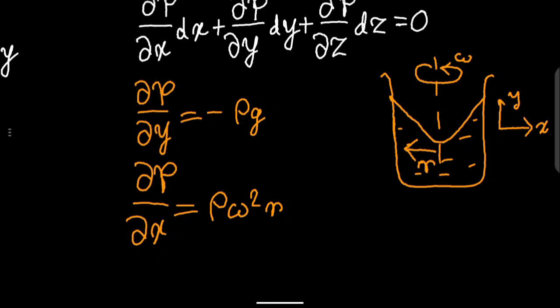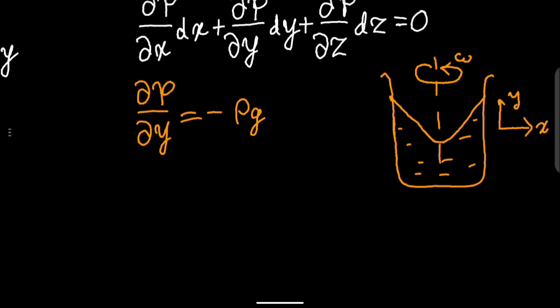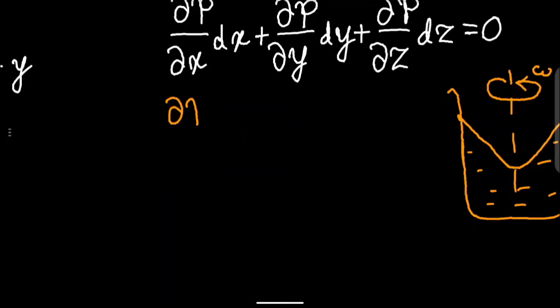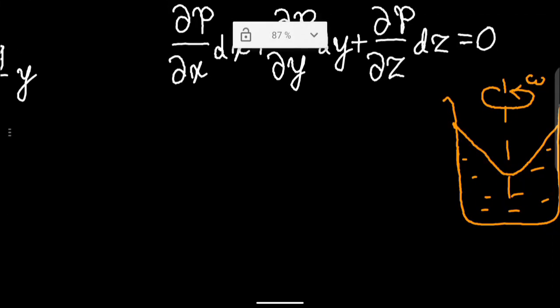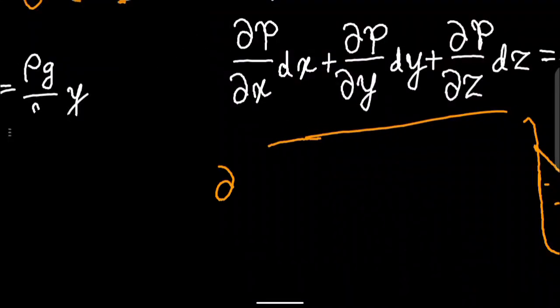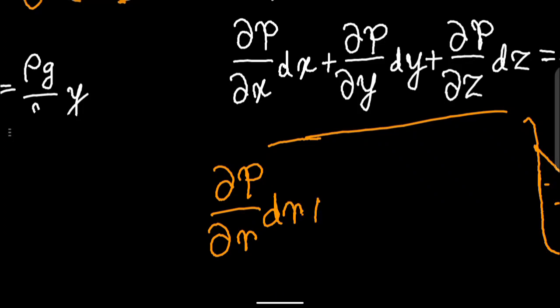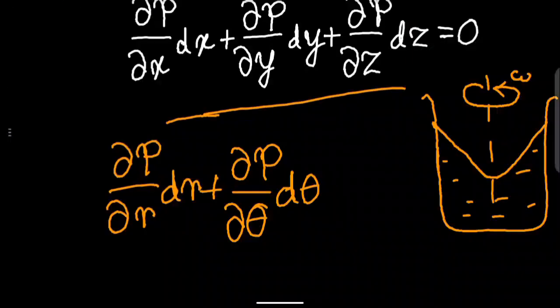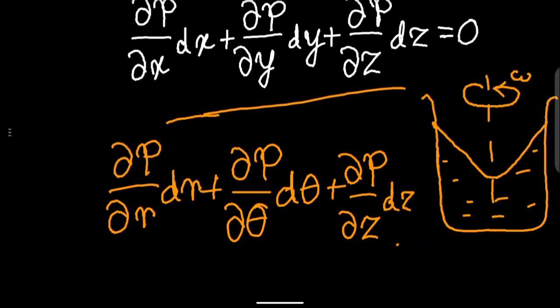Actually, this problem is better solved in cylindrical coordinates. This is the equation in Cartesian coordinates; you can also do it in cylindrical coordinates. It will be del p/del r dr plus del p/del theta d theta plus del p/del z dz equal to 0.